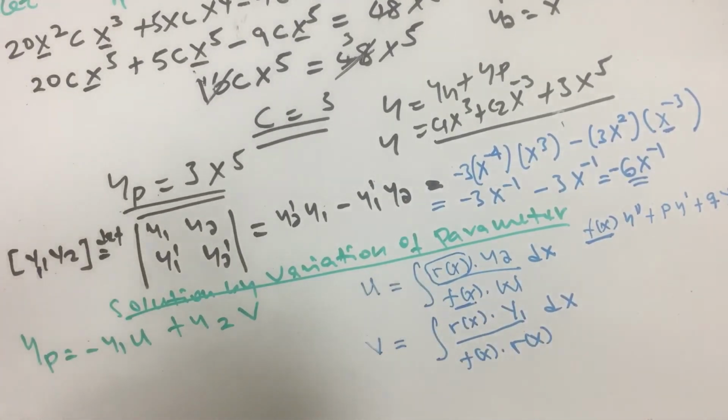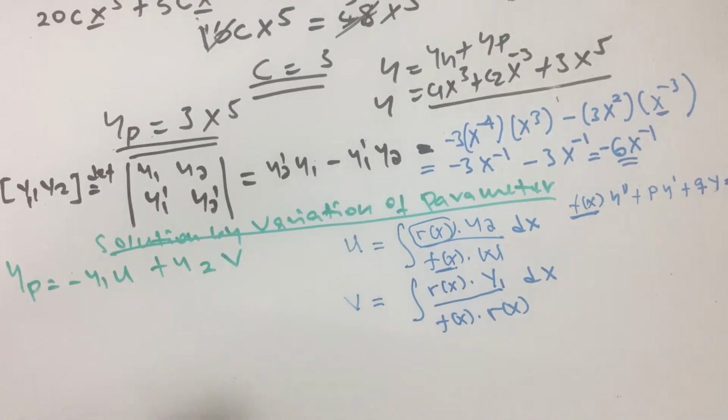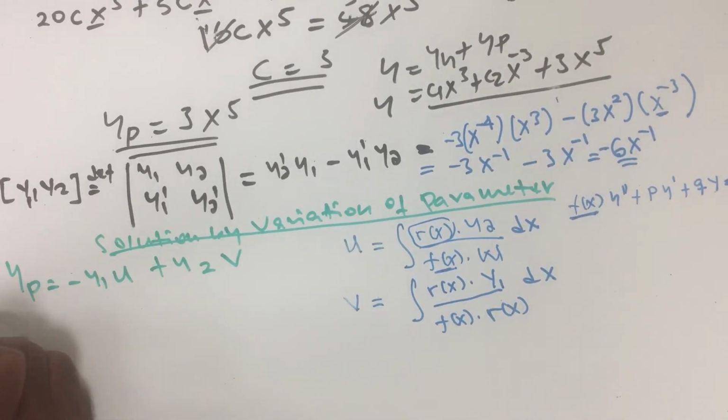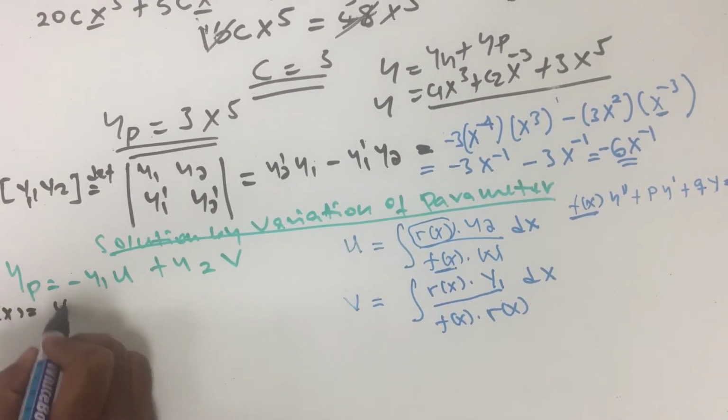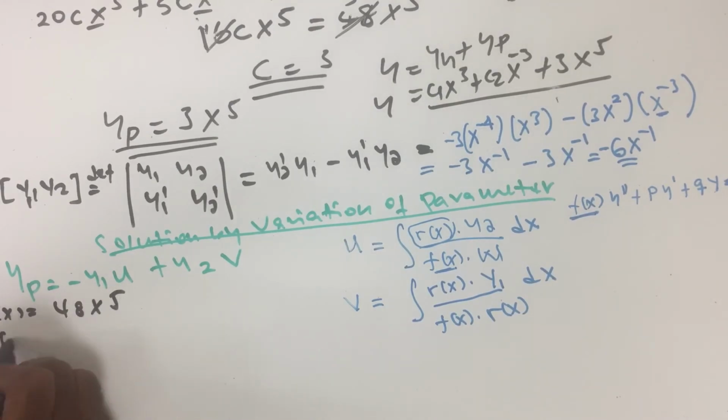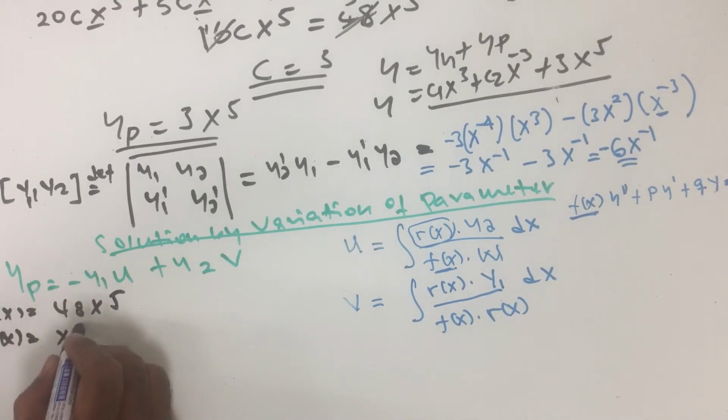So let us do the integration by substituting everything we have. Our r of x will be 48 x to the power of 5, and our f of x will be x squared.